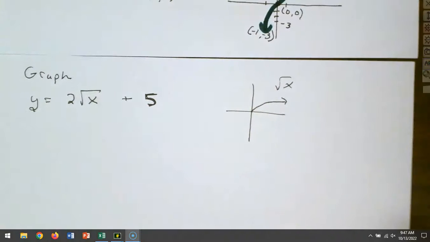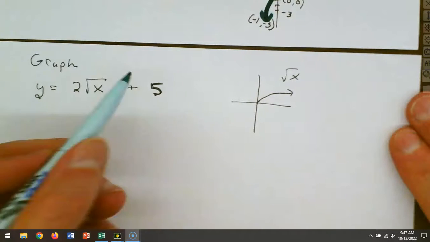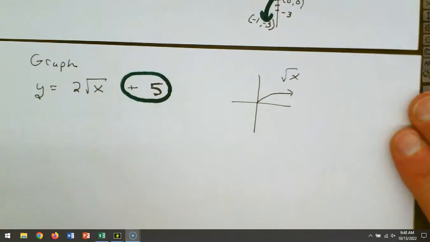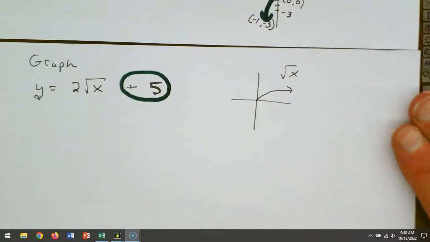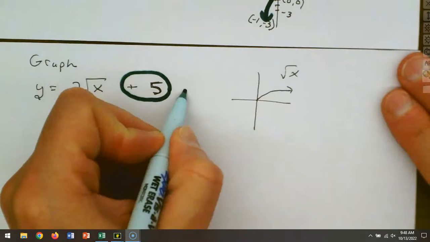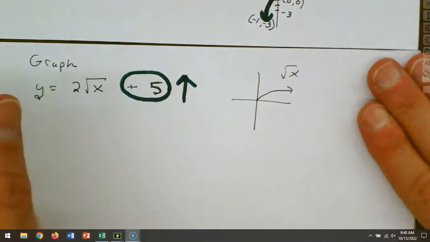Now, what's happening with ours? On ours, we've got this 5 on the end here. The number on the end tells me how far to go up, because that is your y-intercept. Remember when we graphed lines, the number on the end told you where to start. Same thing here. This has a 5, so that means I'm going to go up 5 units. And so where am I going to start at?